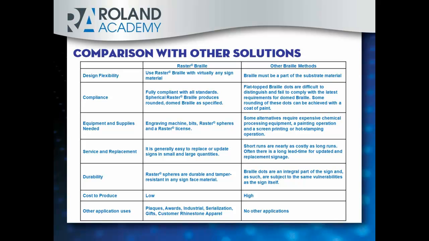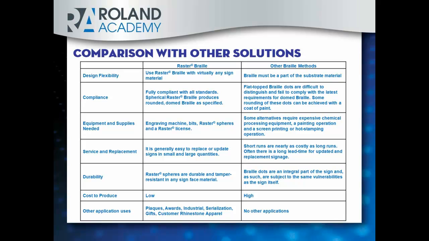Compliance. As far as compliancy, the raster braille method is fully compliant. Whereas with the photopolymer method, the flat top braille dots are difficult to distinguish and actually will fail to comply with the latest requirements of the 2010 standards. So, adding paint, things like that will give you some rounded dots, but it's not going to be perfectly domed.